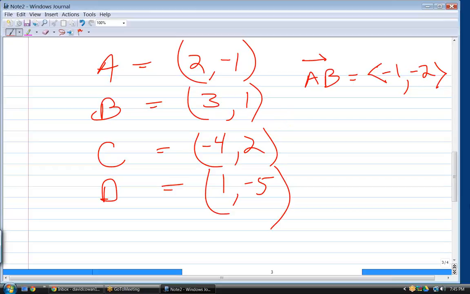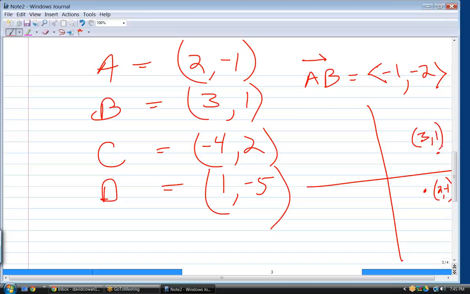No, that's correct. In other words, let's graph this to make sure that I've done it correctly. 2 minus 1 is right there. 3 plus 1 is right there. This is A, this is B. So to get from A to B, I've got to go to the right 1 and up 2. So I've got my signs wrong.